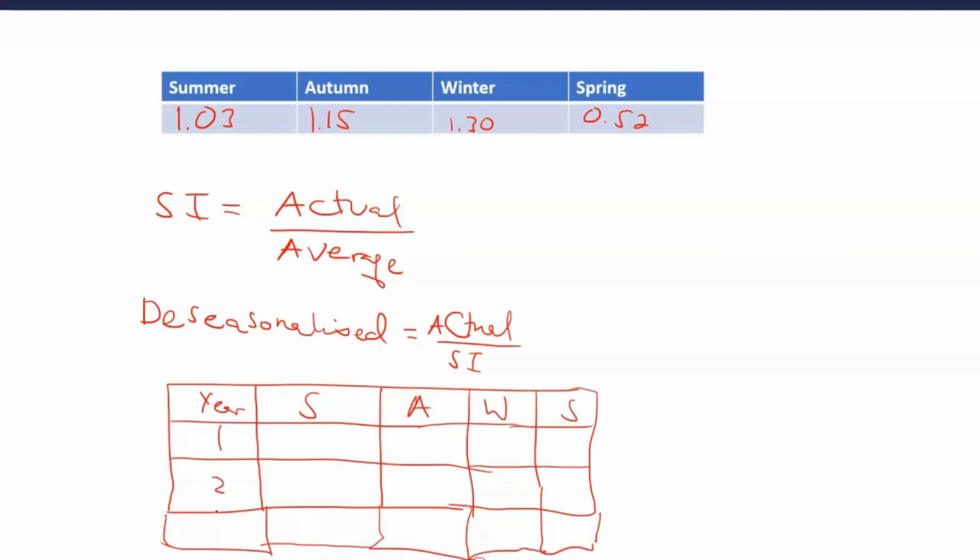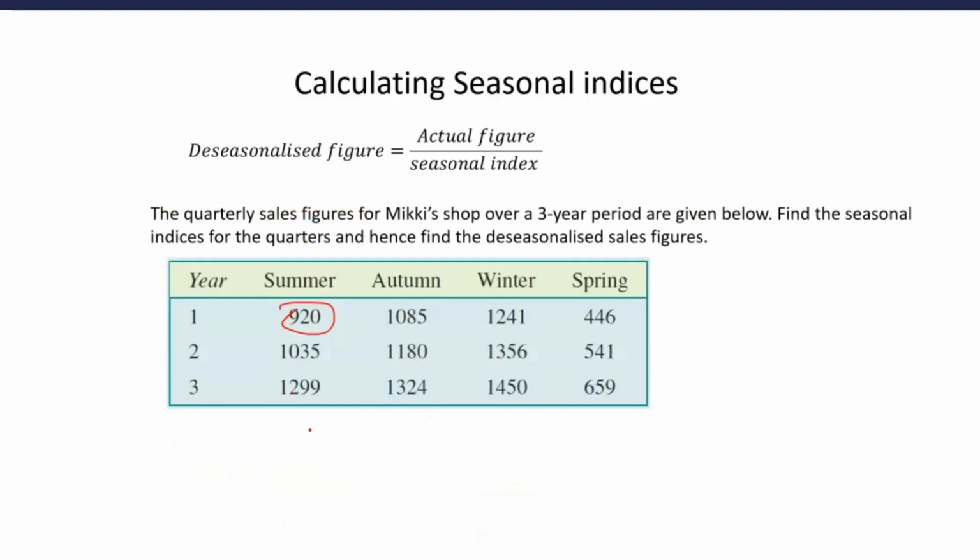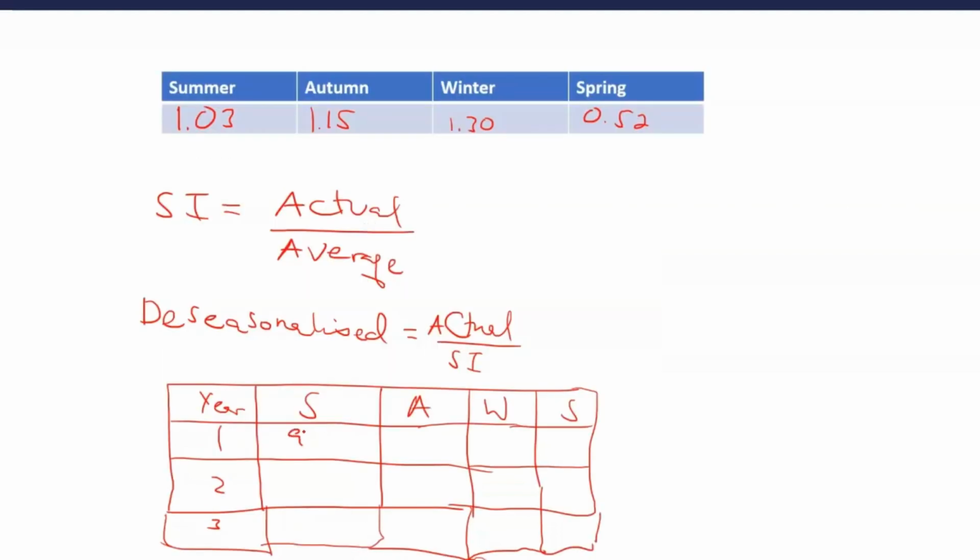So U1, U2, U3. So now the actual figure was 920 divided by the seasonal index, and that gives us 893. And you do the same thing for the second year again.